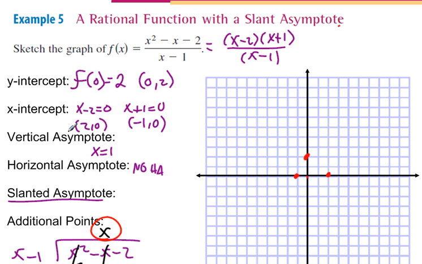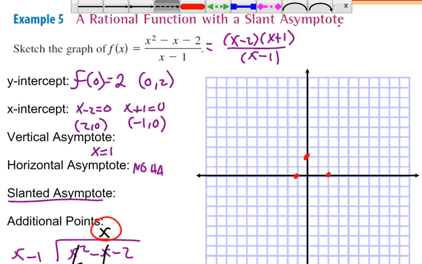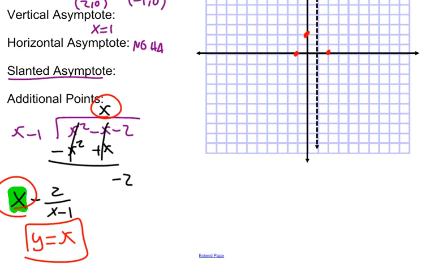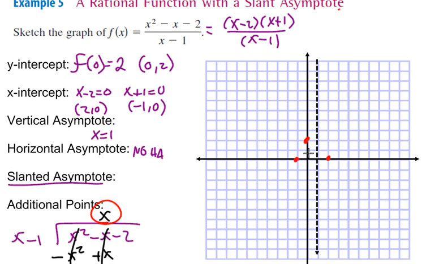We have a vertical asymptote at x equals 1. And then we have no horizontal, but we have a slanted asymptote at y equals x, right? So it's going to go along this line right here.